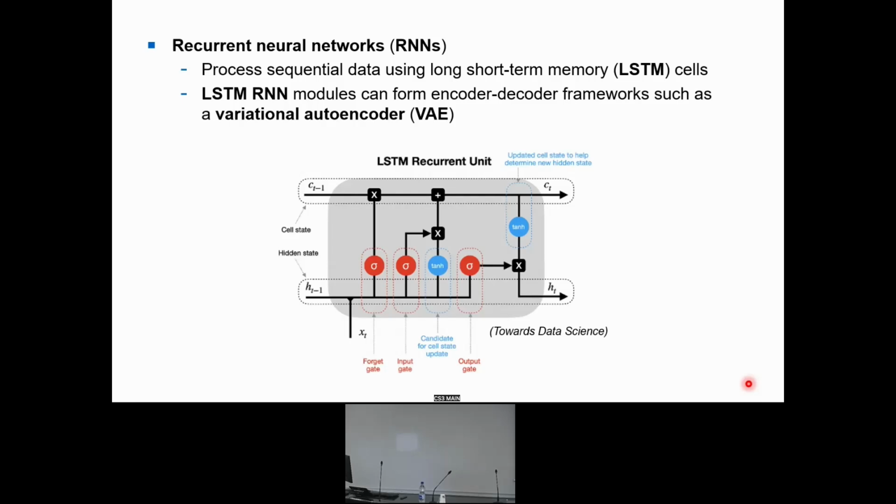Attention mechanisms then bridge directly to the currently most popular form of language models, and these are the transformers, as you undoubtedly know.